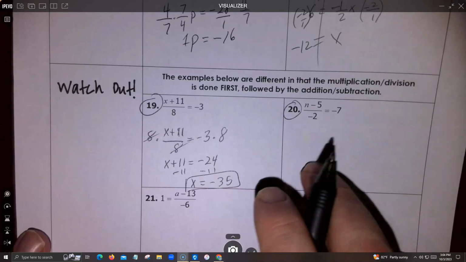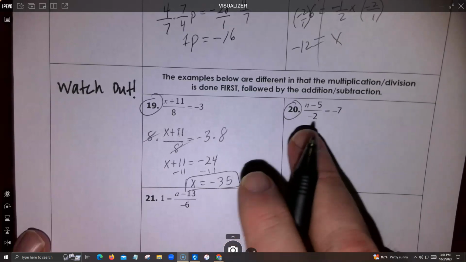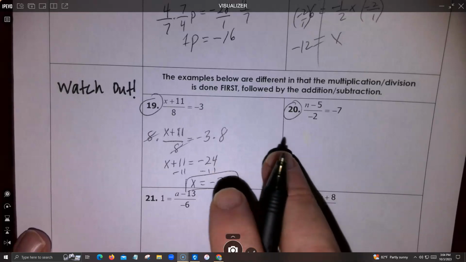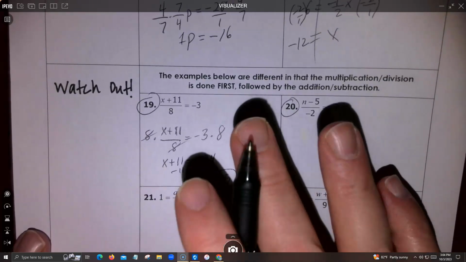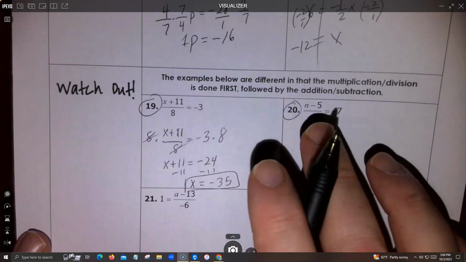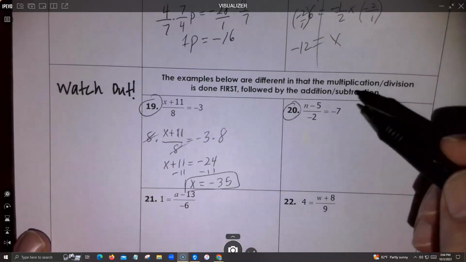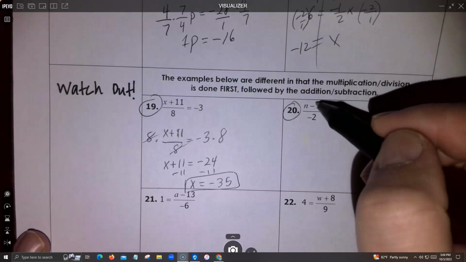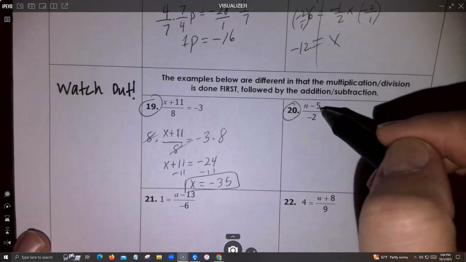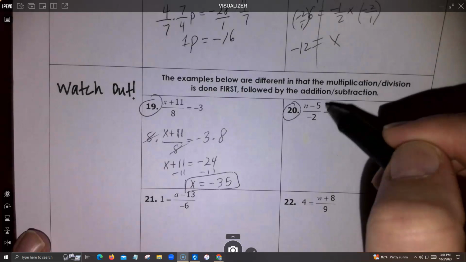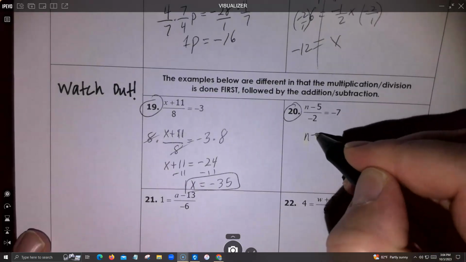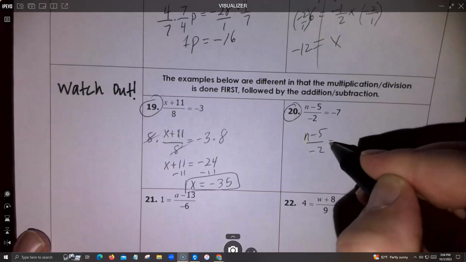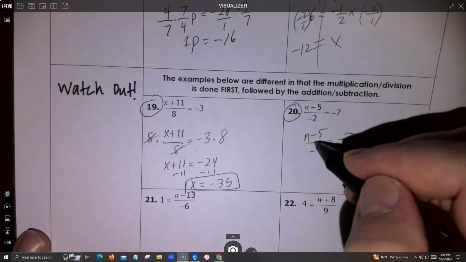And this is the only type of problem where you can't follow the rules of undoing where you do addition and subtraction first and multiply and divide second. You have to do that division first, because this minus 5 is actually not minus 5, it's minus 5 divided by negative 2. So it's uglier. So what we need to do is get rid of the number underneath the division.